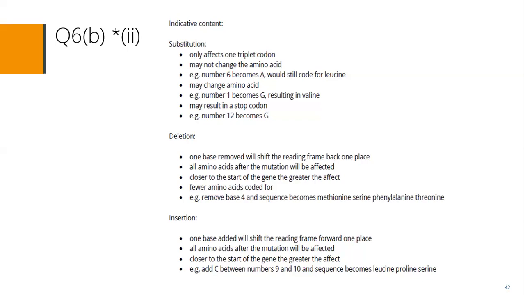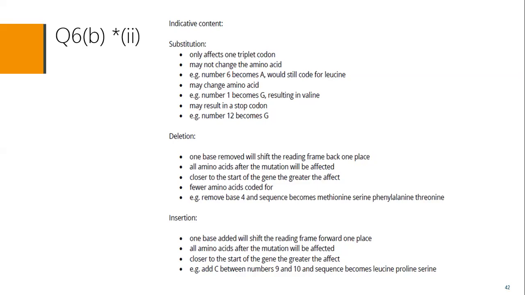So for each one, the indicative content gives you a little bit of generic information about each type of mutation. It then goes on to say what the specific substitution that's given in the table has, what effect that has on that amino acid.